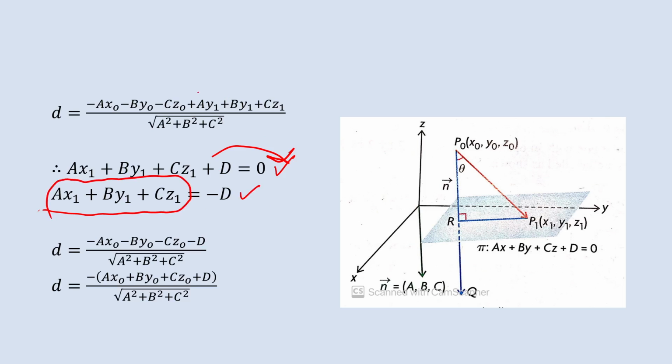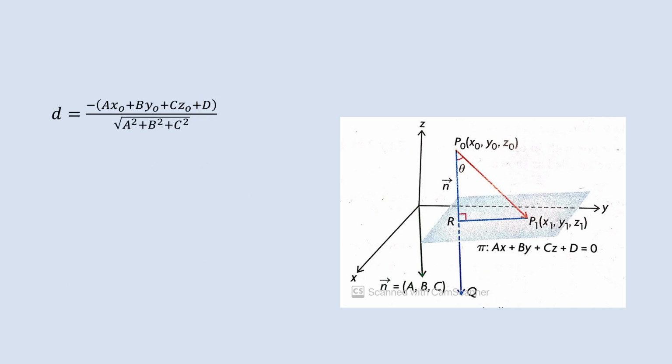So instead of adding this quantity at the end, we can instead just subtract d on the end. Now, instead of having negative ax naught minus by naught minus cz naught minus d, why don't we just factor out negative 1 and call it ax naught plus by naught plus cz naught plus d in a bracket? Okay, so we do that. Underneath, again, we still have the magnitude of n, which is square root of a squared plus b squared plus c squared. So we have that formula written.